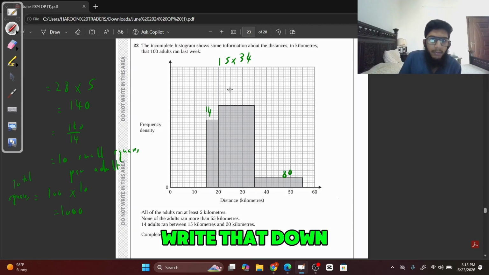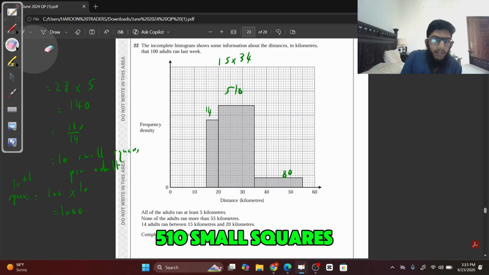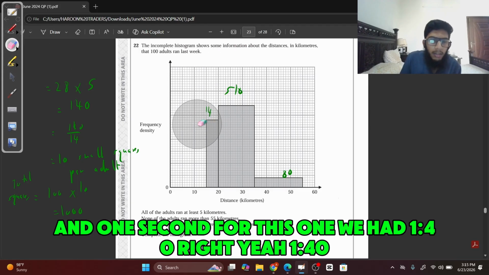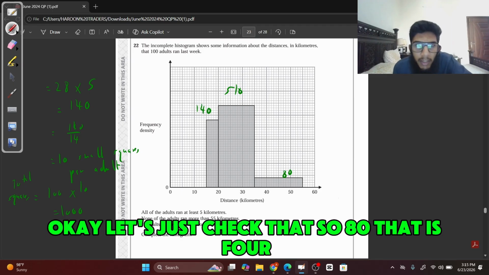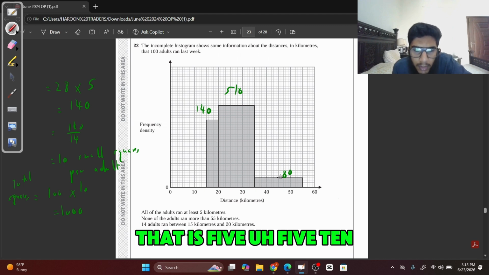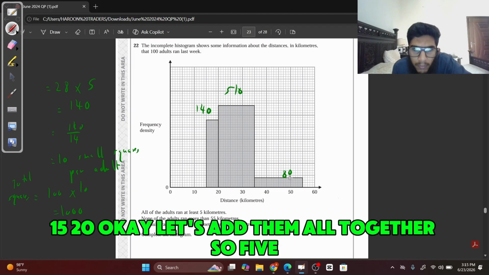Let's write that down. 510 small squares. And one second, for this one we had 140, right? Yeah, 140. Okay, let's just check that. So 80, that is 4 times 5, 5, 10, 15, 20.